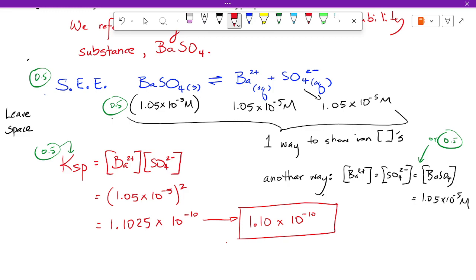You should have the KSP expression if you're using KSP at any point. And you only need to show one way of finding the ion concentration. You don't need to do both. Okay? Yep. Is that good? Okay.